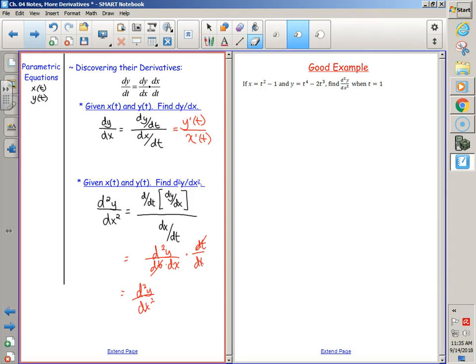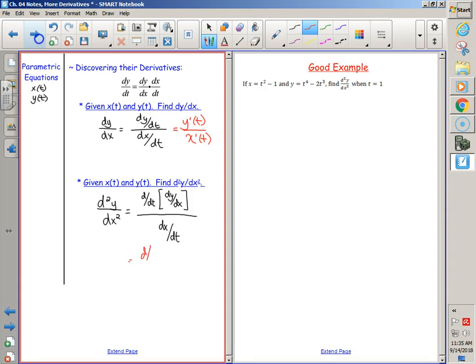Aren't you just going to take another derivative and meanwhile be completely ignorant of the fact that you are wrong? Because you can't just take a derivative. You have to also divide by an x prime. But there's no pretty way of showing that. You can write it as d dt of dy dx, all over x prime. There you go.